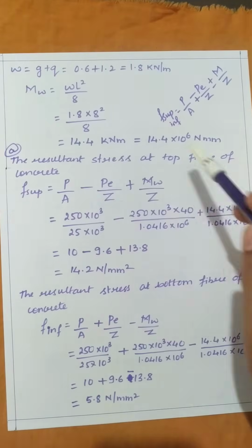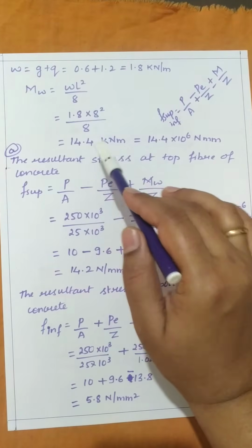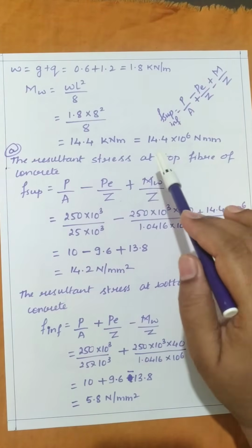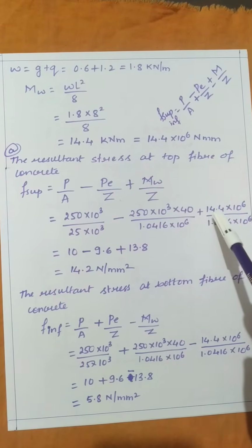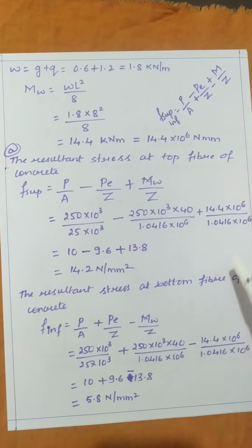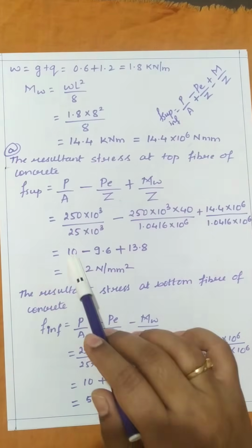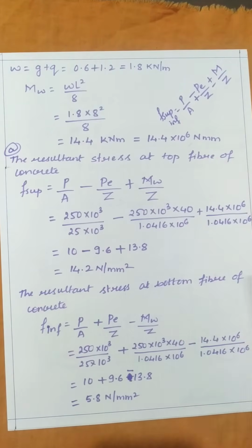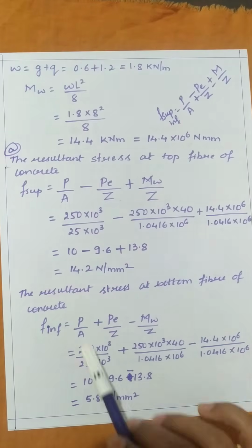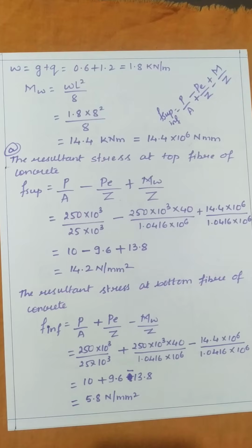Then MW is 14.4 kilonewton meter, that is 14.4 into 10 to the power 6 Newton mm, divided by Z, 1.0416 into 10 to the power 6. So we get P by A as 10, P by Z as 9.6 and MW by Z as 13.8. So the resultant stress at top fiber is 14.2 Newton per mm square.